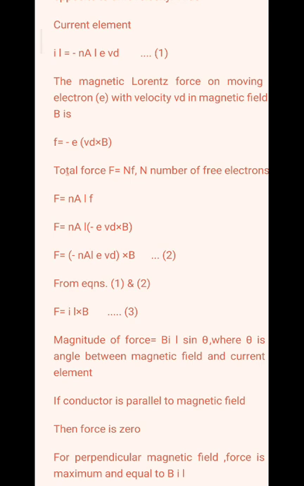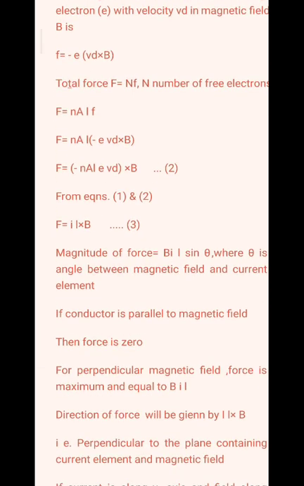So this force, apart from depending on the magnetic field and the current, depends upon the length and the angle the current-carrying conductor makes with the magnetic field. When theta is 0, that is the current is parallel to the magnetic field, sin theta is 0, so we will have zero force.